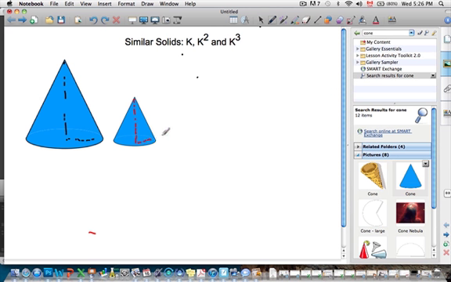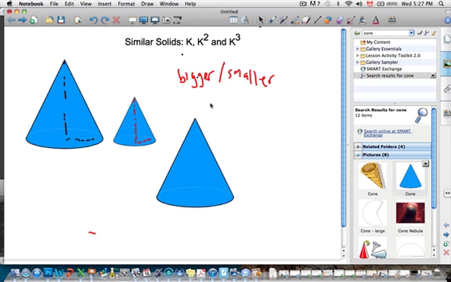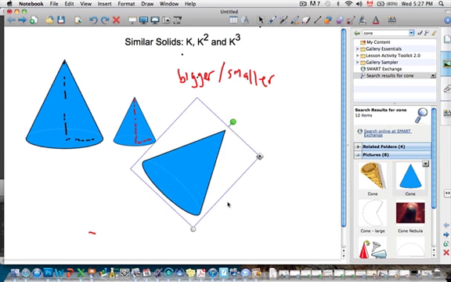So essentially it's just a bigger or smaller version of the same cone. It wouldn't be like a longer cone. It could be upside down, and you could say this is still similar to that.